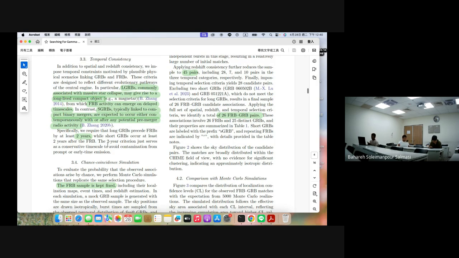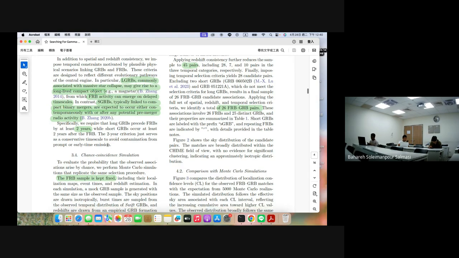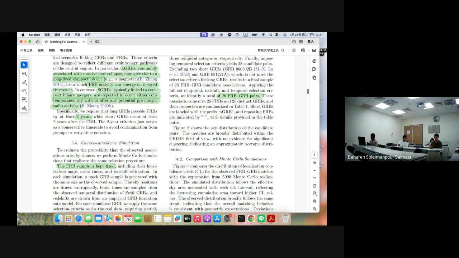Short gamma ray bursts are linked to compact binary mergers, so the FRB is expected to occur contemporaneously or after any pre-merger radioactivity. That is because long and short gamma ray bursts have different progenitors, so the temporal consistencies are different.